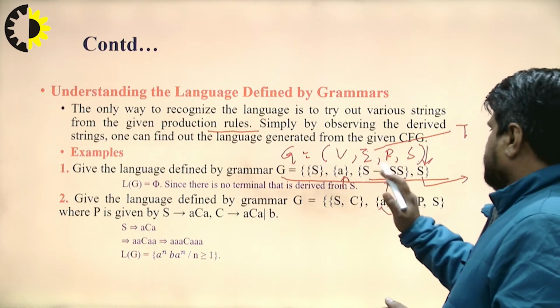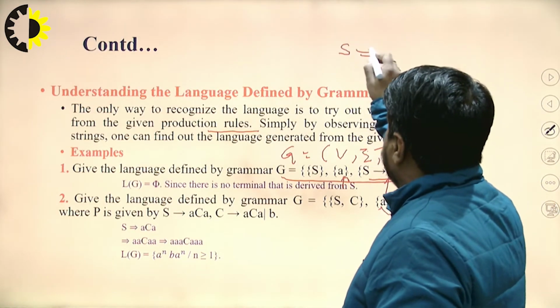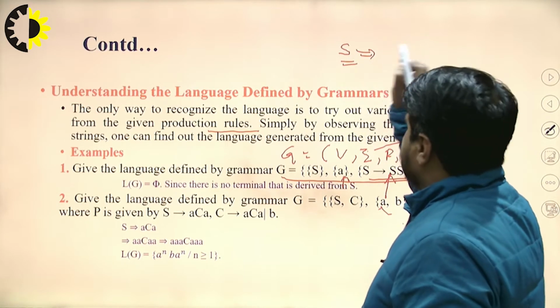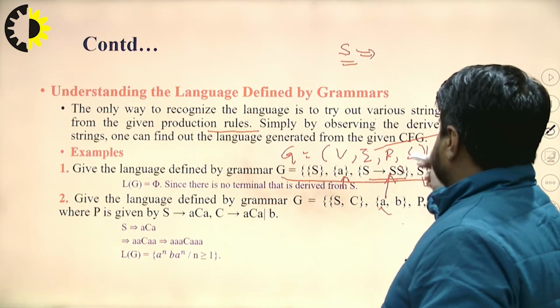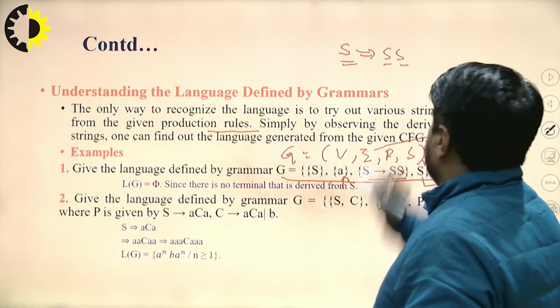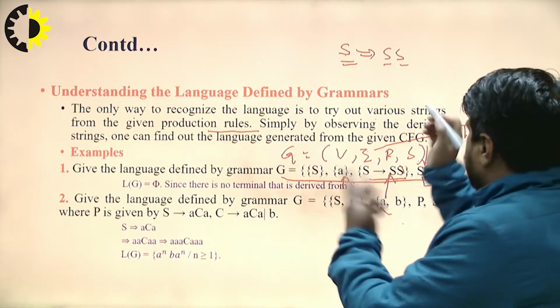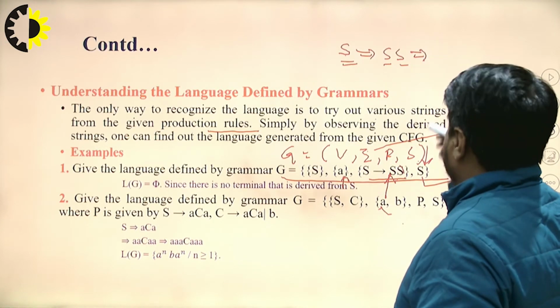So you can see what language is generated by this grammar. If you start from the starting symbol, this S gets replaced by SS. Now there are two non-terminals inside this string, so you can take any one in the derivation and replace it by the production.